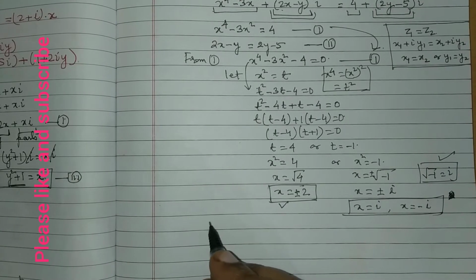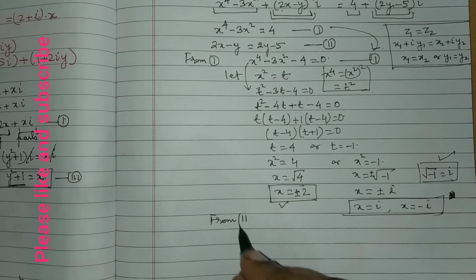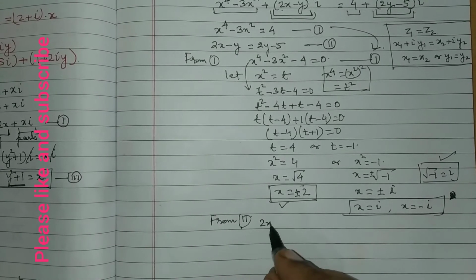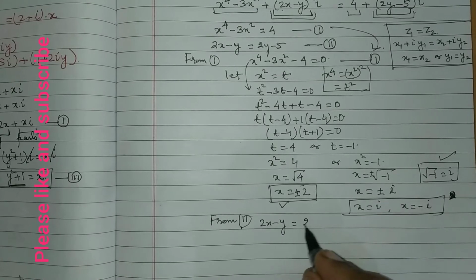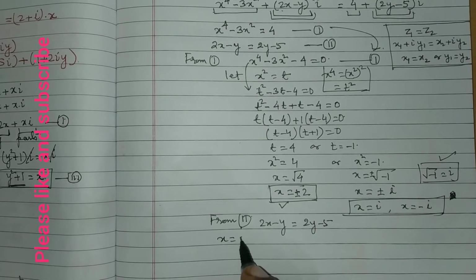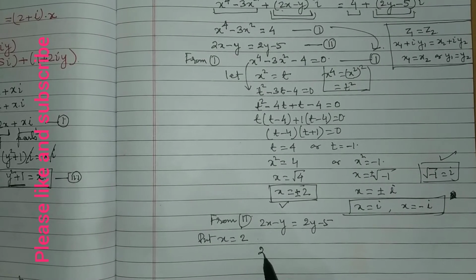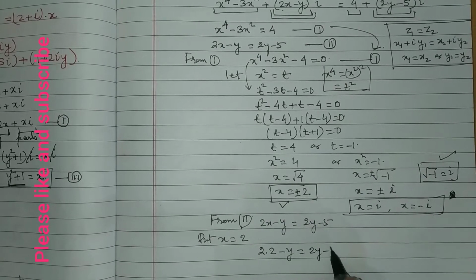Now from equation number 2, 2x minus y is equal to 2y minus 5. So here we will put x is equal to 2. So putting the value of x is equal to 2, 2 into 2 minus y is equal to 2y minus 5.